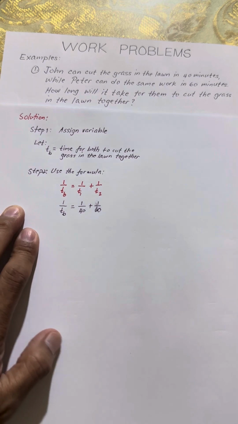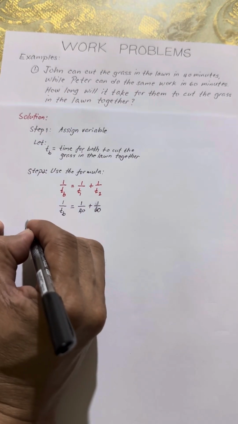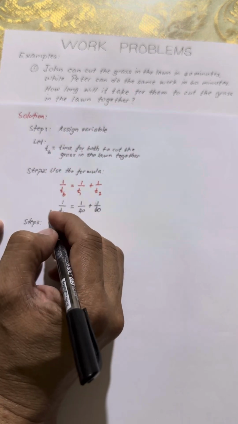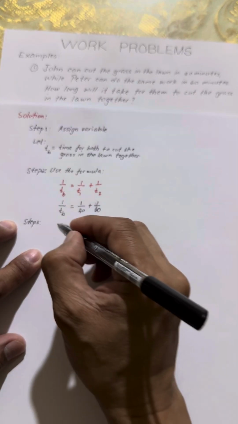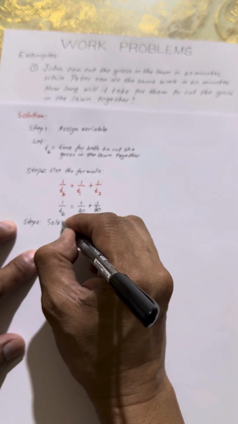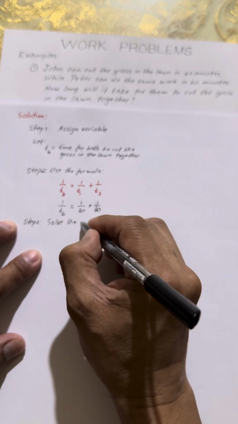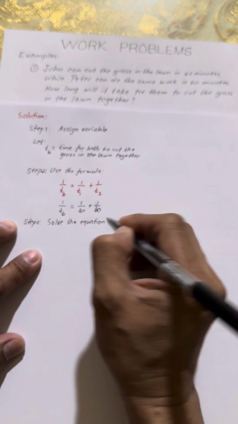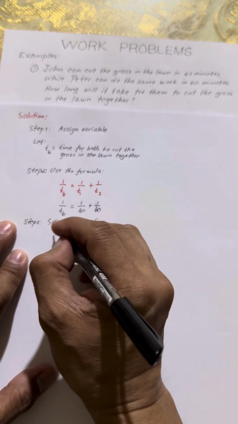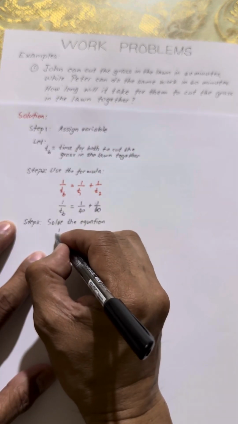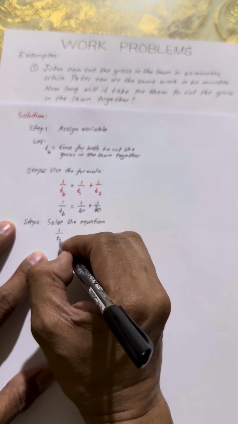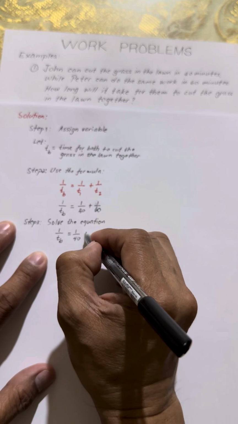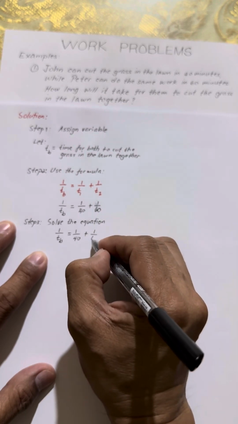Then step number 3, we need to solve the equation. Solve the equation, because what you have seen above, the formula, is an equation. So we're writing the equation 1 over t sub b equal to 1 over 40 plus 1 over 60.